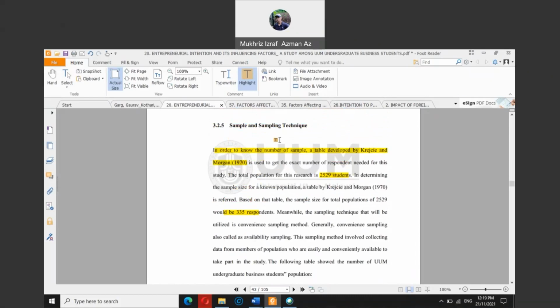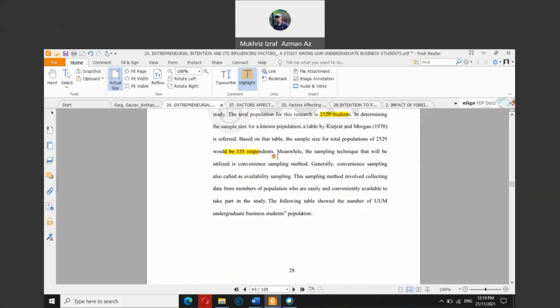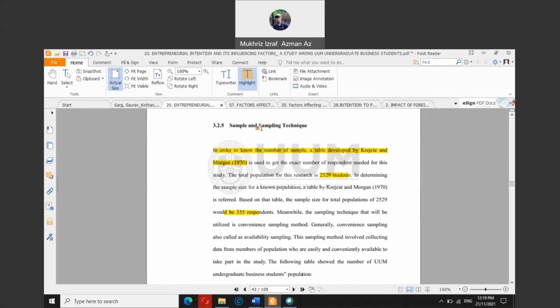Sampling technique is another approach. If we want to discuss in detail how many sampling techniques are out there, there are many: simple random sampling, or convenience sampling, or sometimes people call it availability sampling.